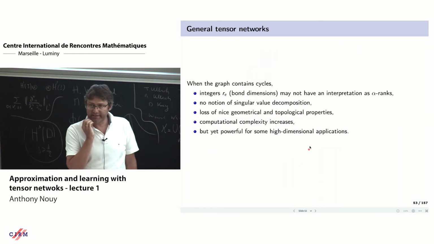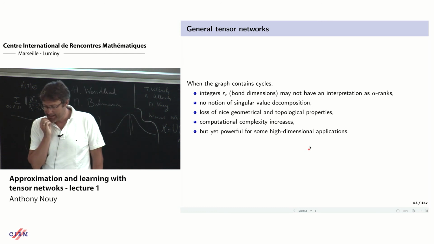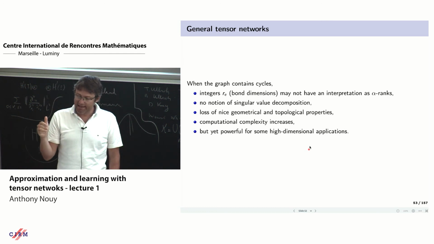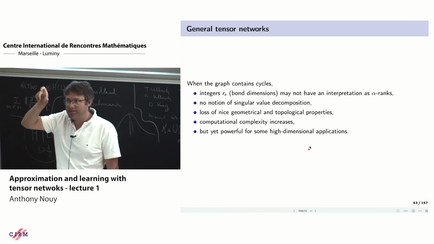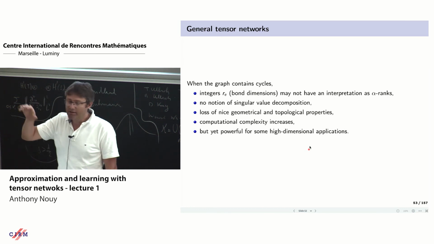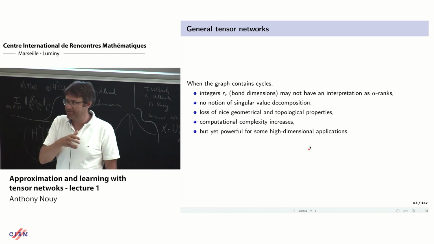When a graph contains cycles, it appears that the integers r_e associated with the summation indices at each of the edges may not have an interpretation as the alpha-ranks as before.